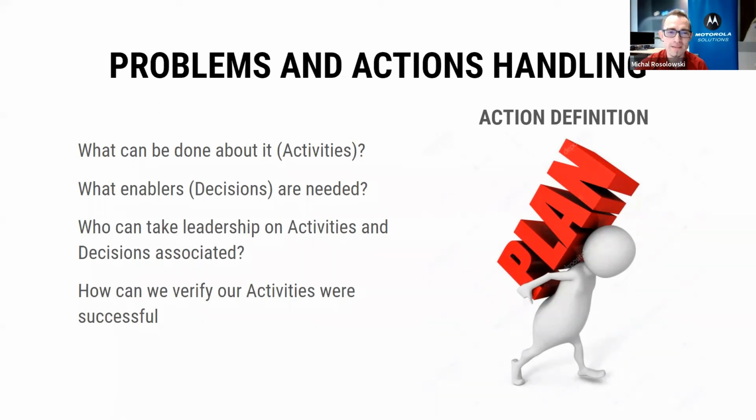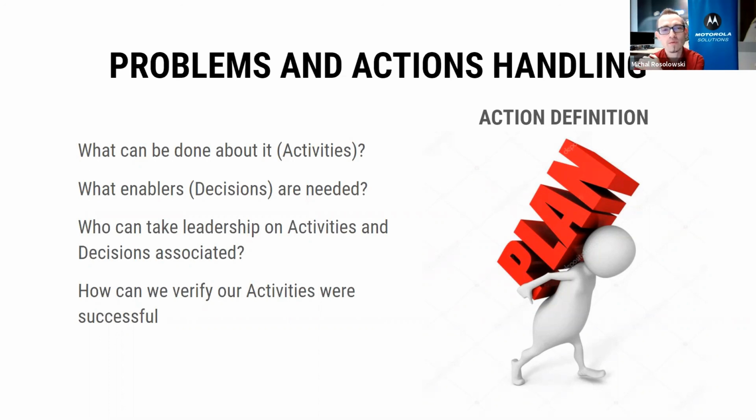So decisions are basically like changing law, right? You're changing the law in order to enable some activities. In the retrospective meeting, if you design it that way, you want to decide who takes the leadership on activities and who is going to be assigned to decisions. So the benefit of having your management in the room is that they can take decisions immediately or not. There's no follow-up needed, probably.